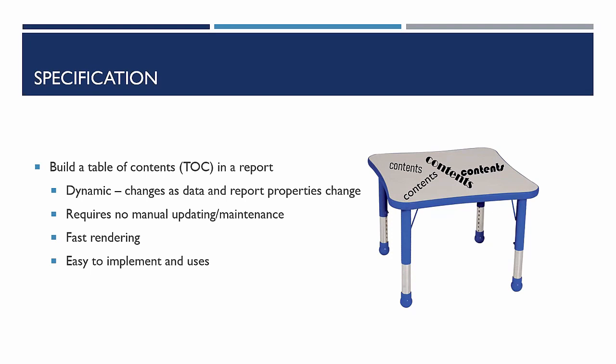It has to be dynamic: as your data changes, or your filtering or report properties change, such as adjusting the height of the detail section or a header, the table of contents still works without changing any code.